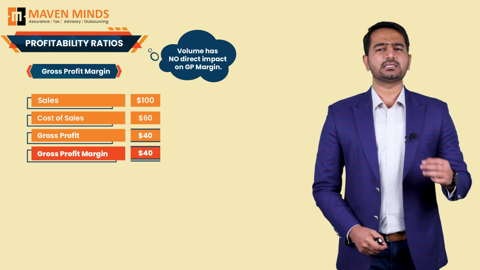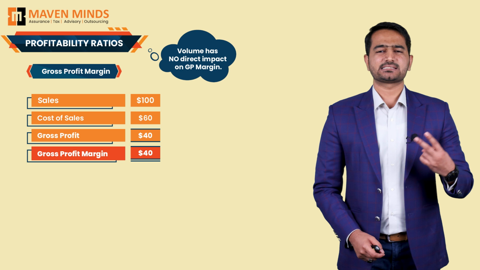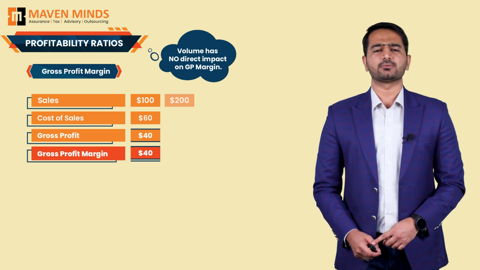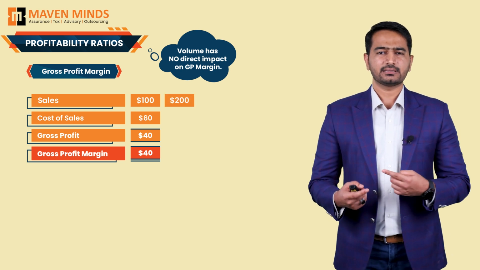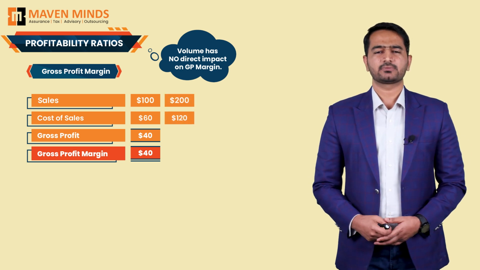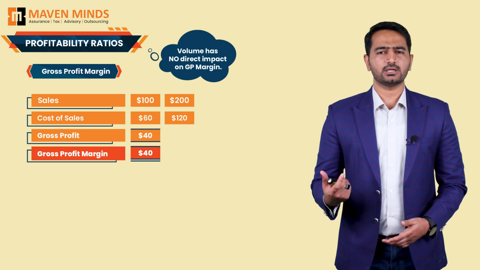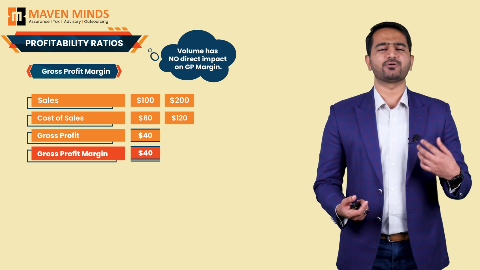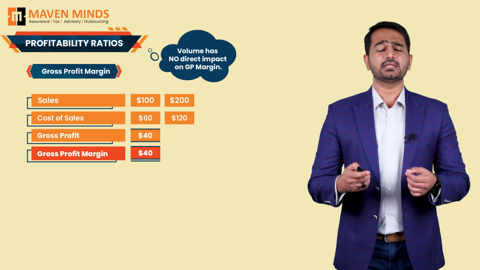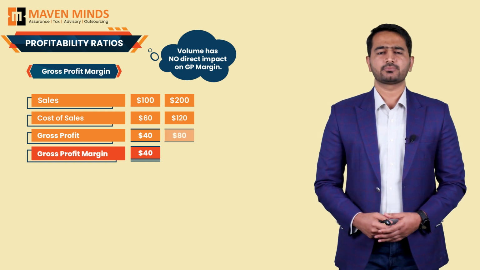Now, if the company doubles its sales volume, selling two products instead of one, both revenue and cost would double. Revenue would be $200 and the production cost would be $120, resulting in a gross profit of $80.